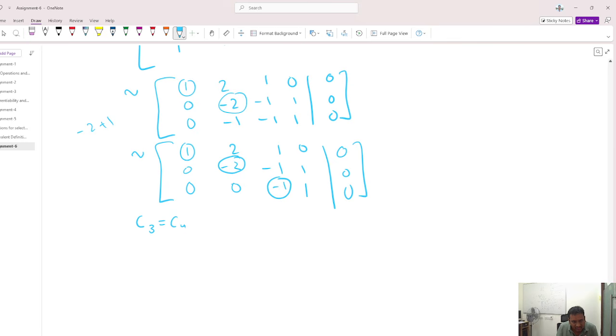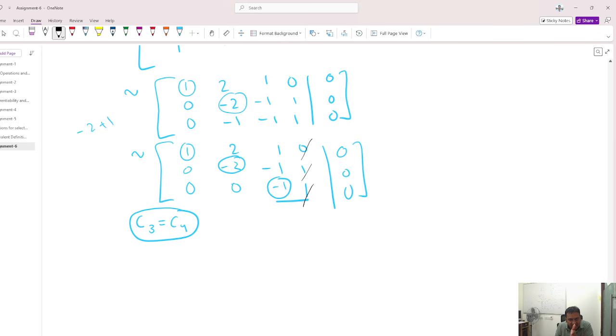C3 equal to C4 from this equation, meaning you have a dependency, right? So just delete any one vector of your choice. It's a very natural thing. You just imagine in your mind and delete this vector. If you don't have this vector, what will you get? C3 equal to 0 from the down one.